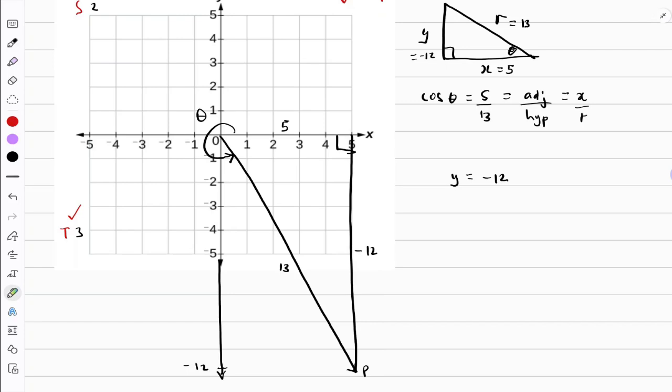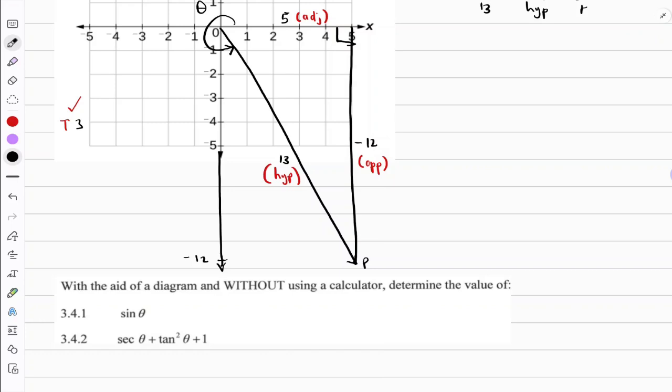So now we can define our trig ratios. With respect to theta, this becomes our adjacent side because it's next to theta. This becomes our opposite side because it's opposite theta. And this becomes our hypotenuse because it's the longest side. So the first question wants us to find sine theta. So sine theta by definition is equal to the opposite over the hypotenuse, with the opposite being negative 12 over the hypotenuse being 13.